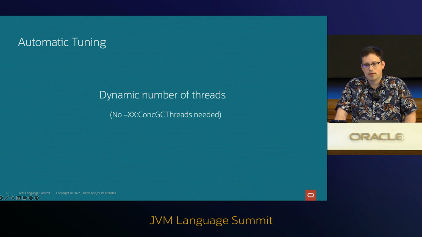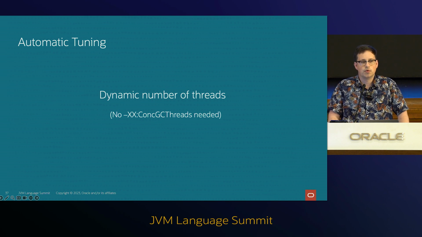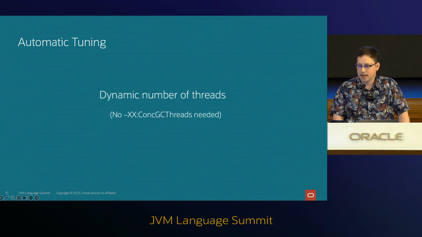As it turns out, though, while we're doing the GC, the allocation rate can start spiking unexpectedly. So we're taking this one step further in generational ZGC, and now we can change this number while the GC is running and start boosting the GC threads should we need to accommodate spiking allocation rates.